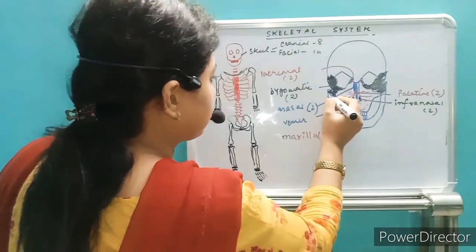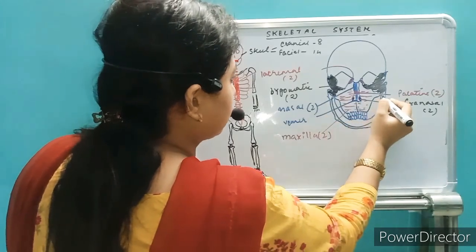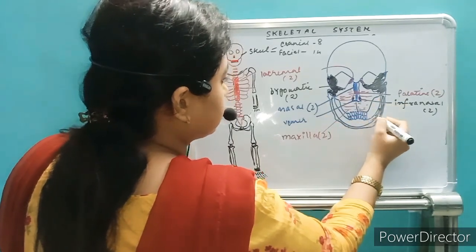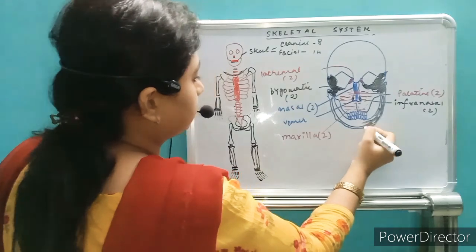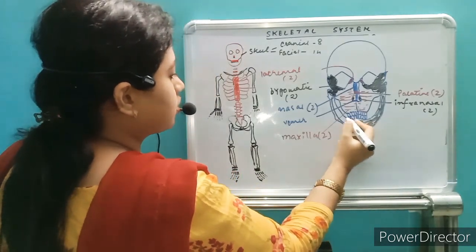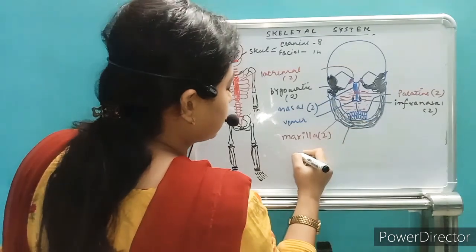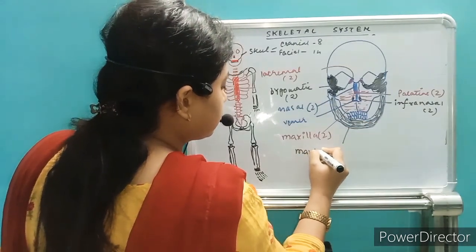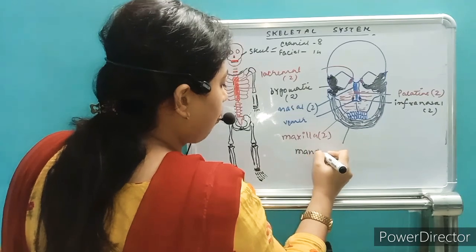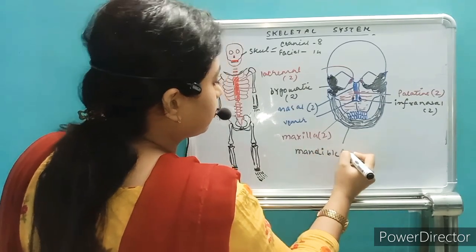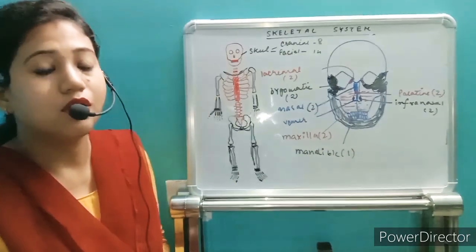What is the name of this bone? This one. This is the mandible. So in total, how many bones do we have? These are the 14. The last one, the only movable bone of our face, is the mandible. How many? Only 1.